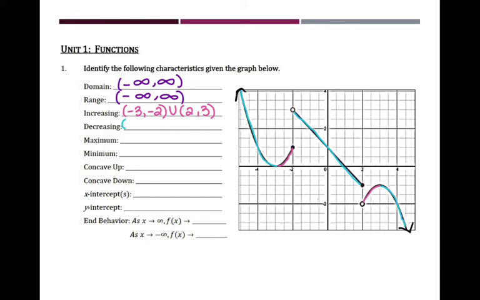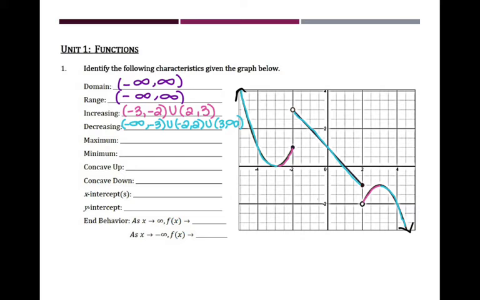The first interval from left to right is -infinity up to -3. I also have from -2 to 2. And I have 3 to infinity because it's going to keep going to the right, and it's going to keep decreasing as we move to the right.